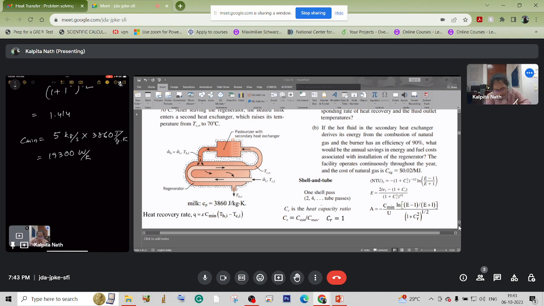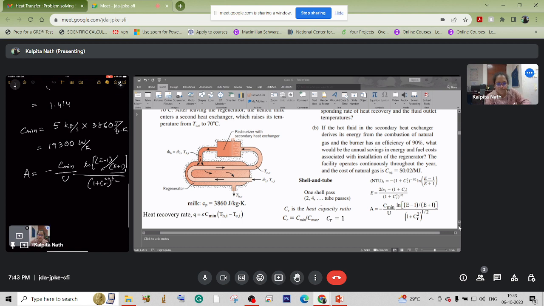So now we can easily calculate area. That is C min upon U, ln of E minus 1 upon E plus 1, upon 1 plus capacity ratio square, whole to the power half.